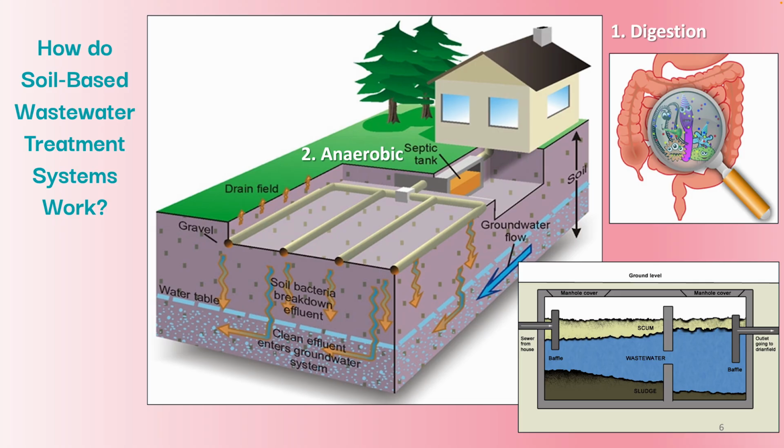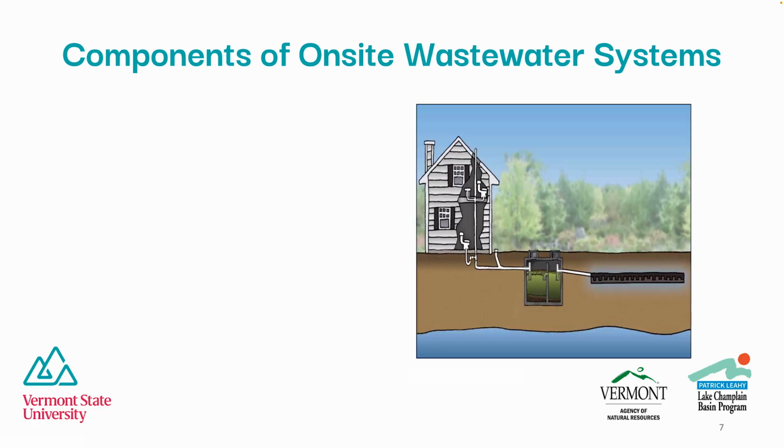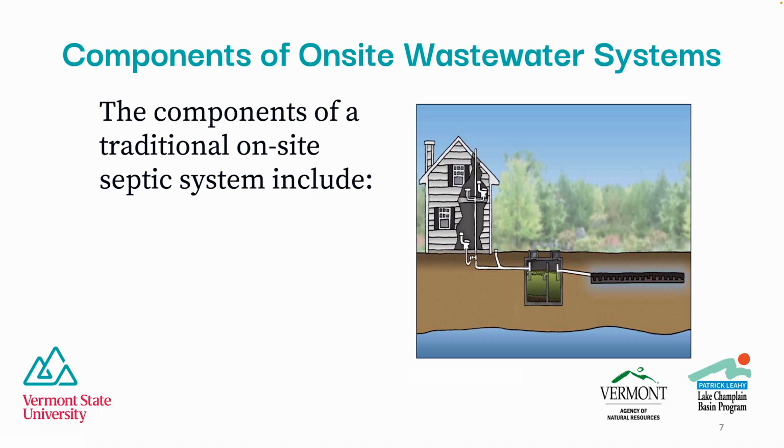Those microbes start to treat the wastewater and the sludge that's in the tank. Then the wastewater is sent to a distribution box and into the leach field or dispersal field, where aerobic bacteria, that's bacteria that likes oxygen, continues to treat the wastewater as it filters through the sand and gravel and into the soil.